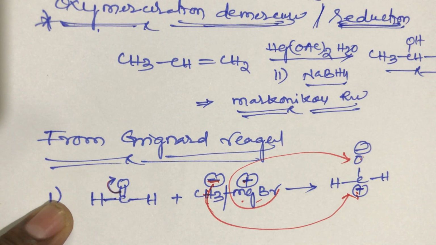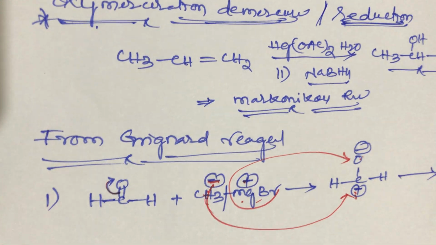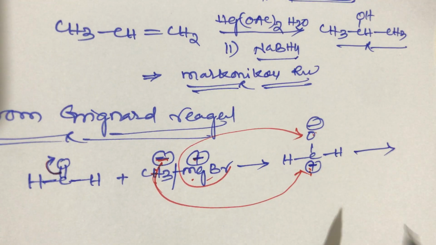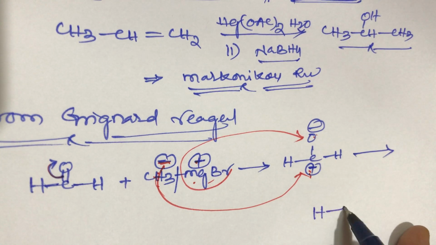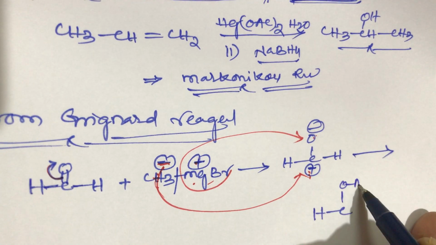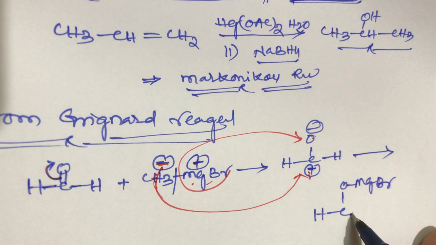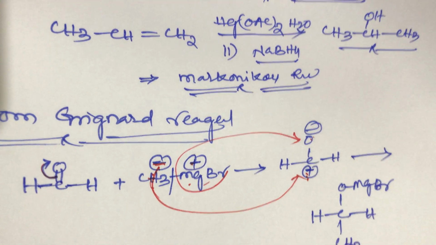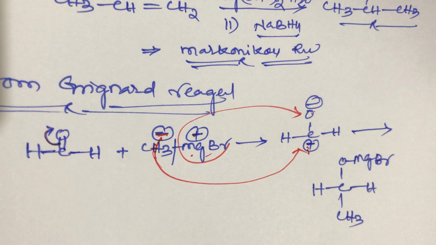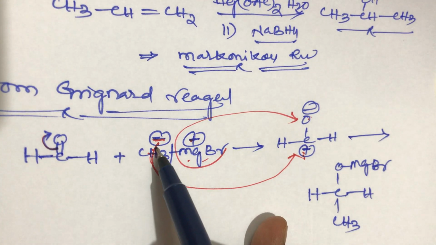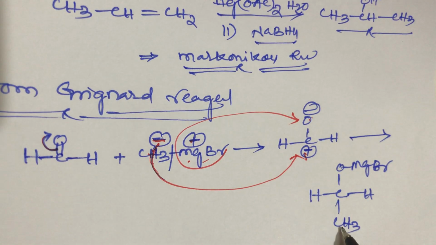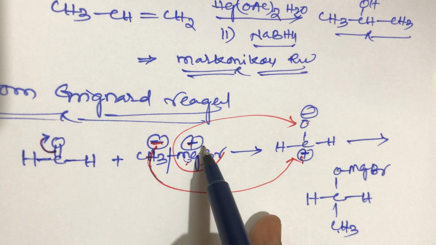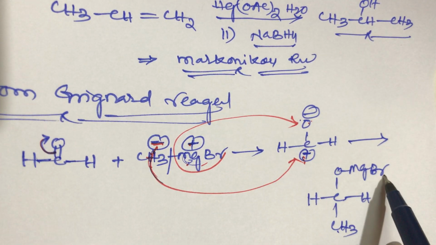The intermediate product formed is H2C(CH3)OMgBr. The CH3 minus attacks this side, and the remaining MgBr attacks the oxygen, so OMgBr is formed.